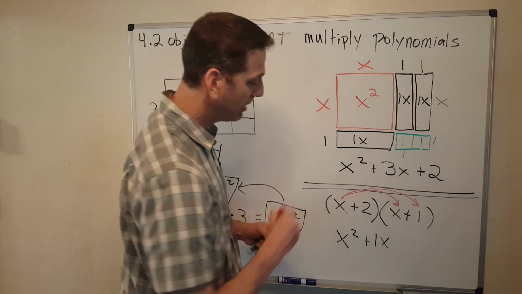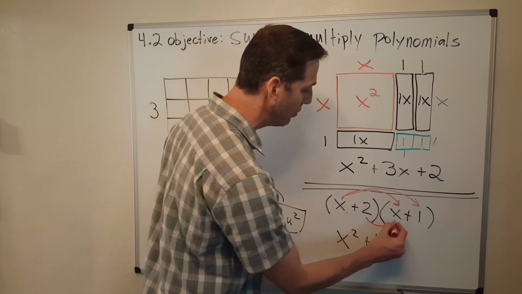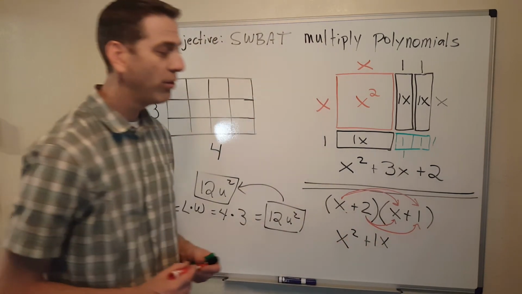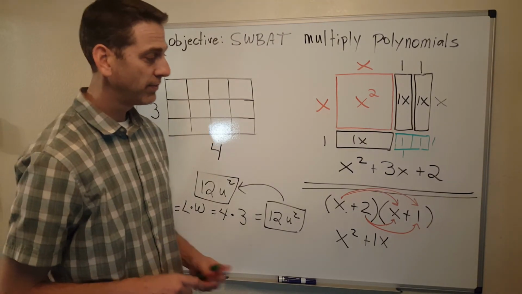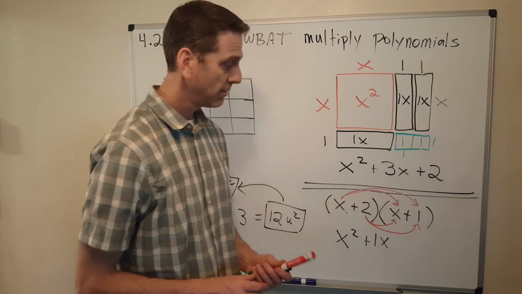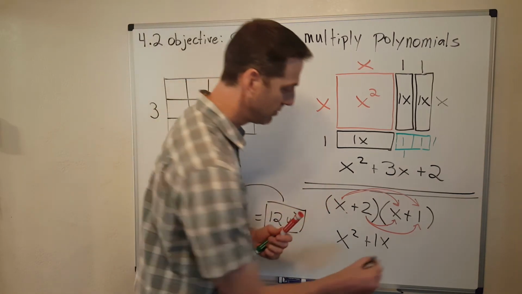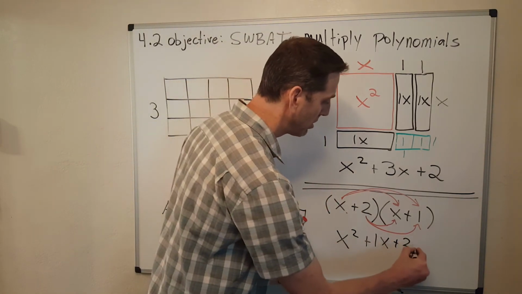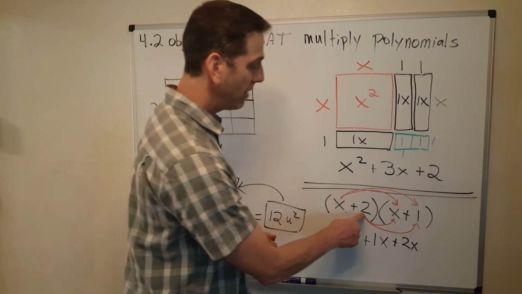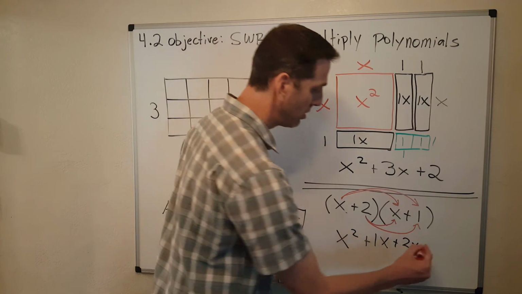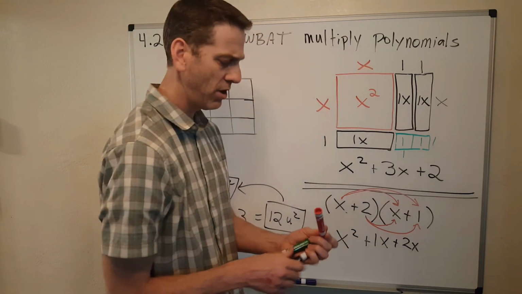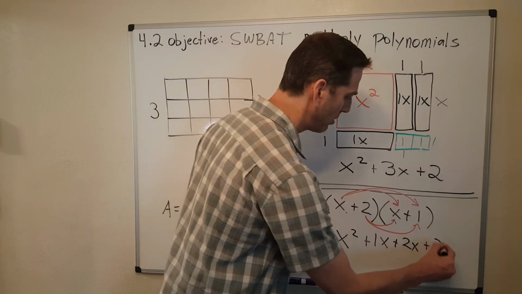All right, so now I need to distribute that 2 to both of those terms. All right, so I have a 2 times x, which is 2x. And then I have 2 times 1. 2 times 1 is 2.